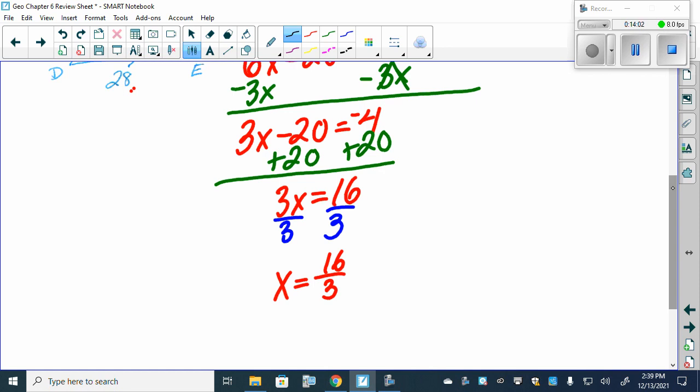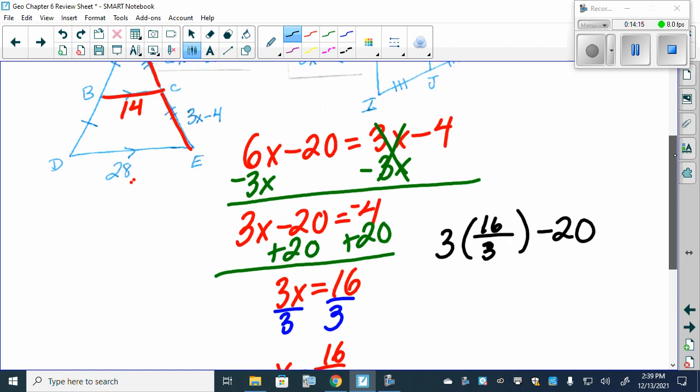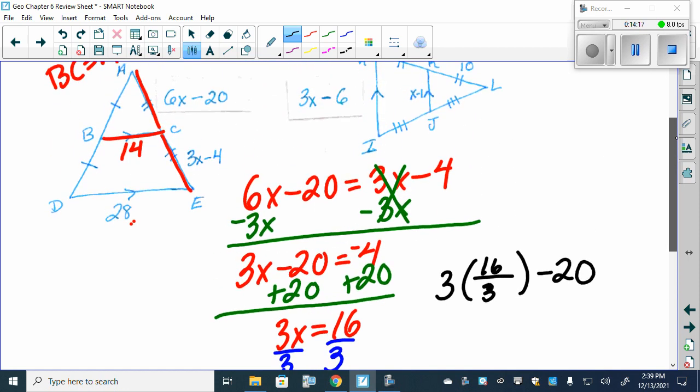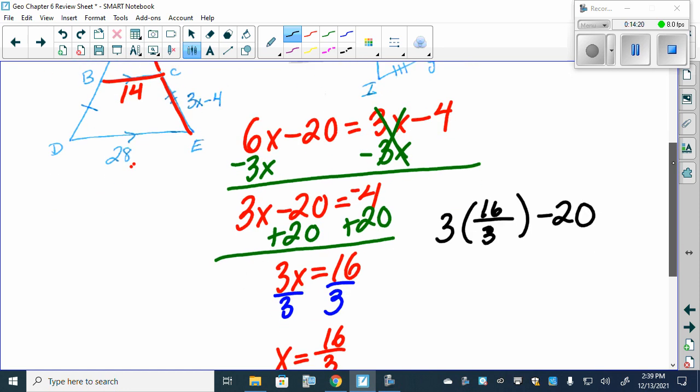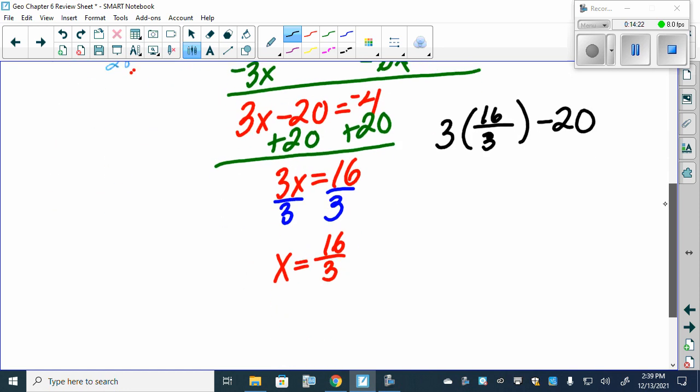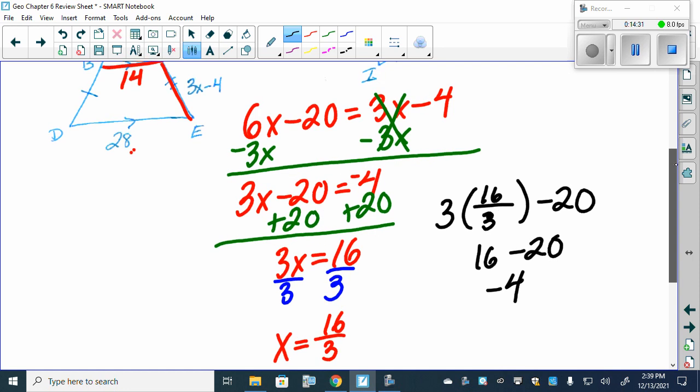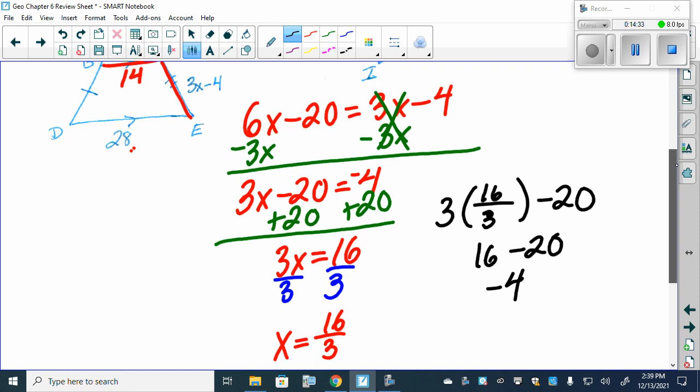When we plug it back in, we could pick either one: 3 times 16 thirds minus 20. Well, this is going to give us 16 minus 20, which is negative 4. Yep.